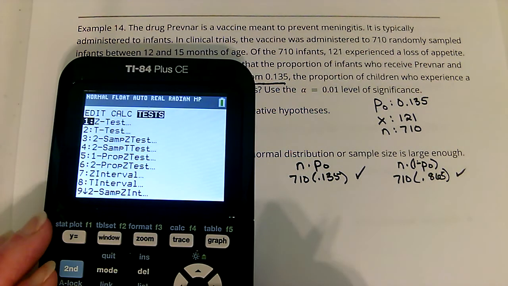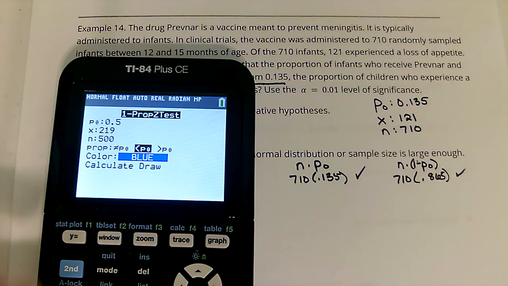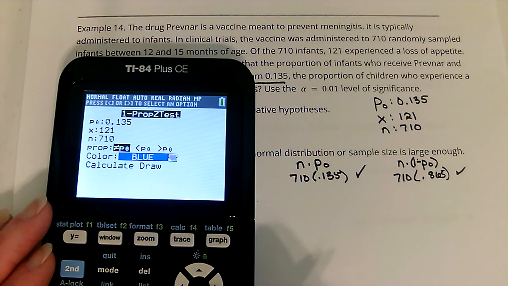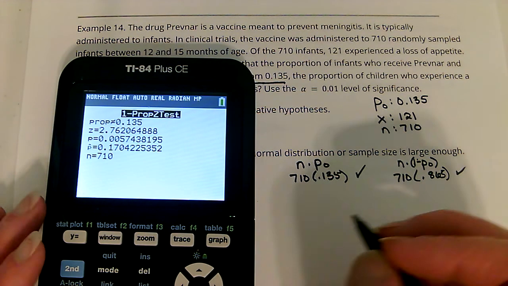So now we're going to run the test. This is a one proportion z-test. 0.135, 121 out of 710. And we're checking to see if there's a difference. It didn't say less than, it didn't say greater than, so it's just not equal to.